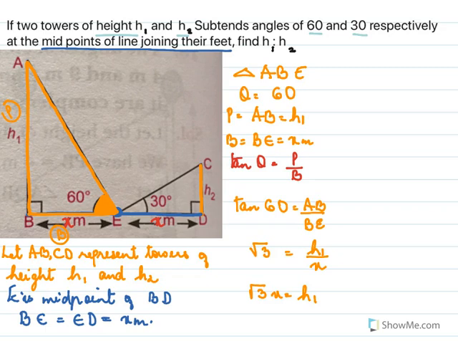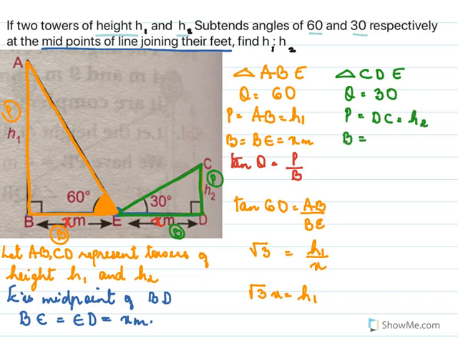To find h2, we now take up the triangle ECD. So triangle CDE. Here will be the perpendicular and this is the base. So theta 30, perpendicular is DC, which is h2 meters, and the base is ED, which is X meter.